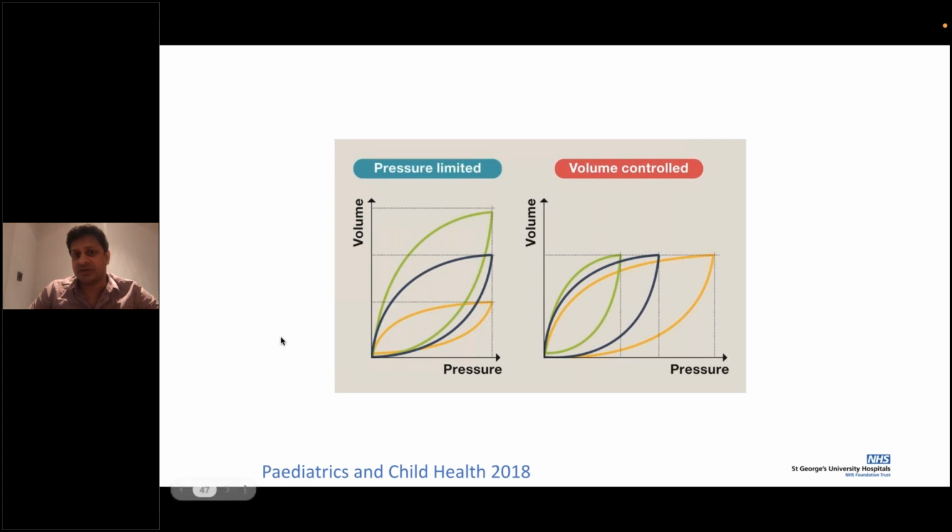So even if you have not remembered to drop that volume from 5 to 4 or from 6 to 5, that's okay. But the overall pressure needed is less. Overall MAP, or the mean airway pressure needed, is less, and I can explain that in the next slide again.